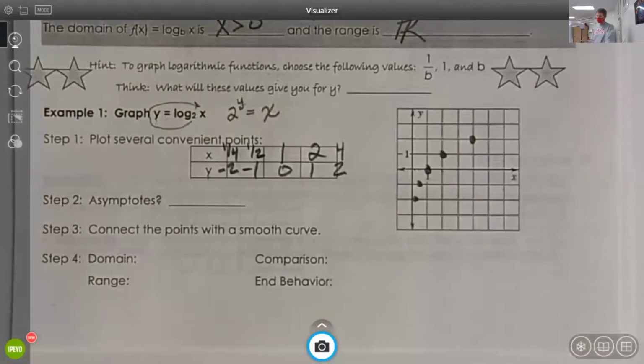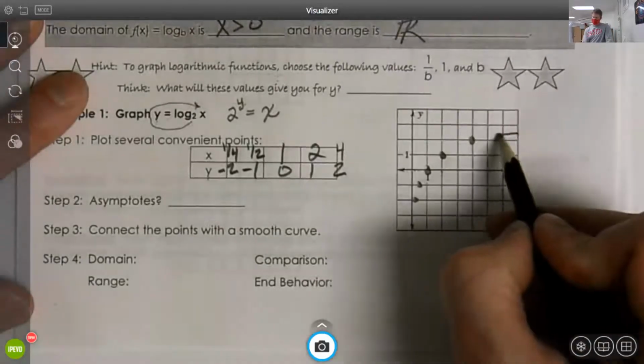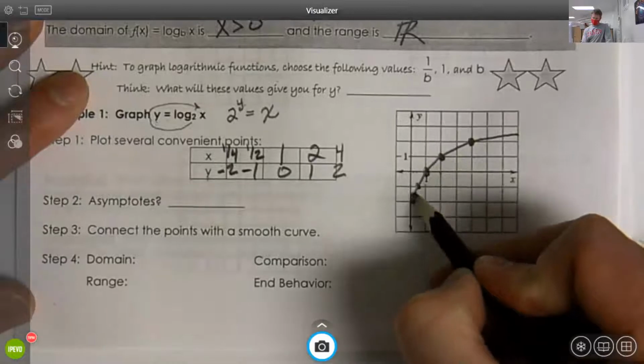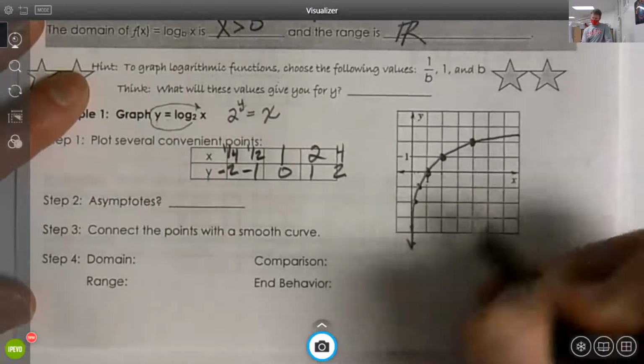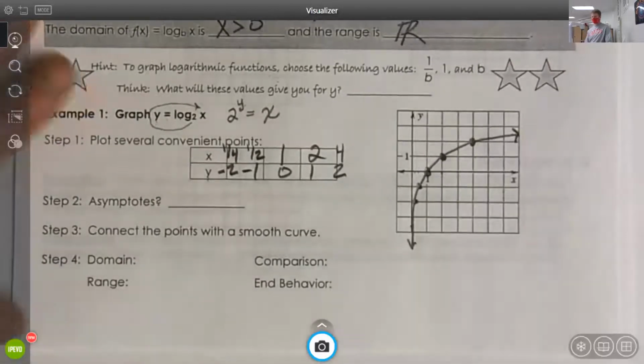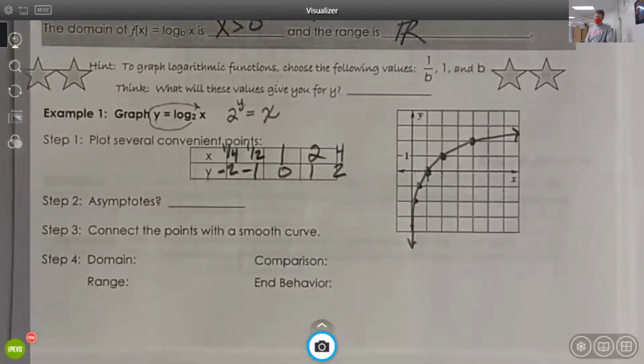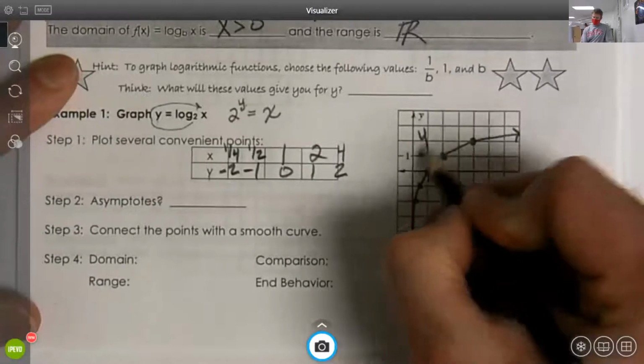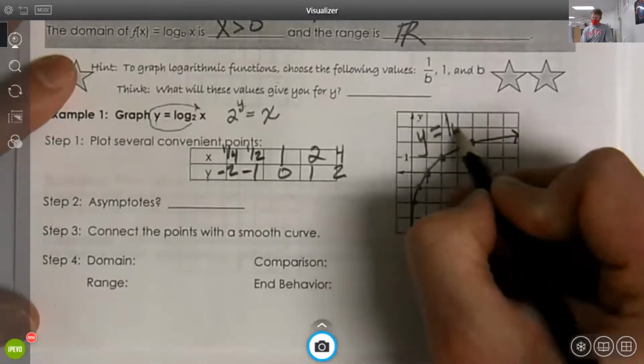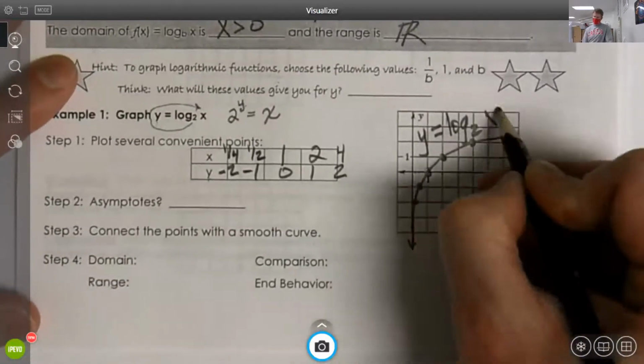We could talk about 1/8, 1/16. And we can see that the points keep getting closer to the y-axis, and they slowly keep growing. That's the equation y equals log base 2 of x.